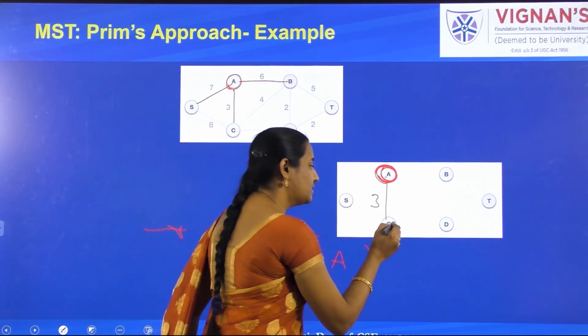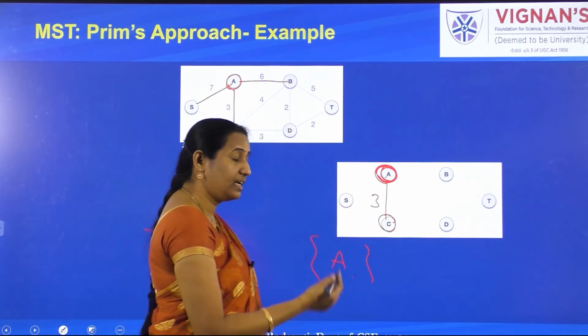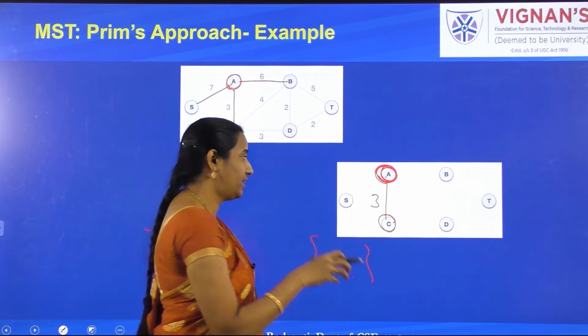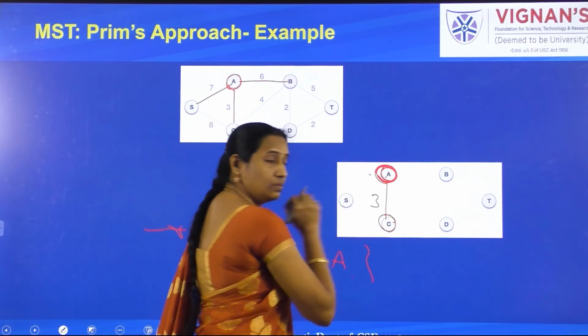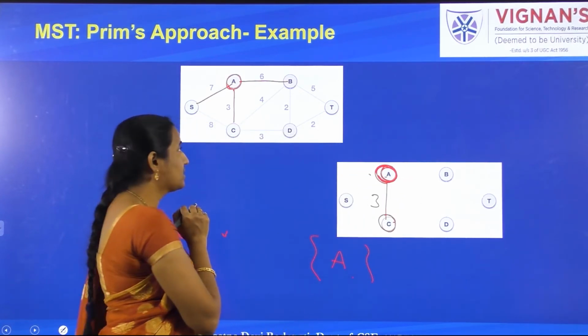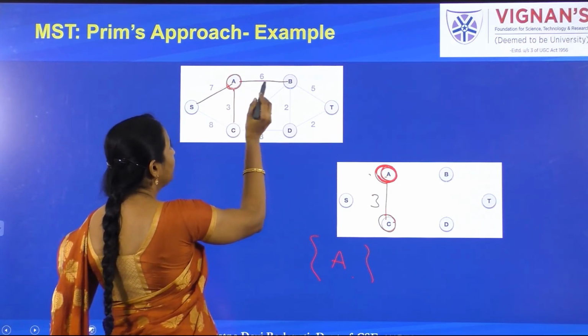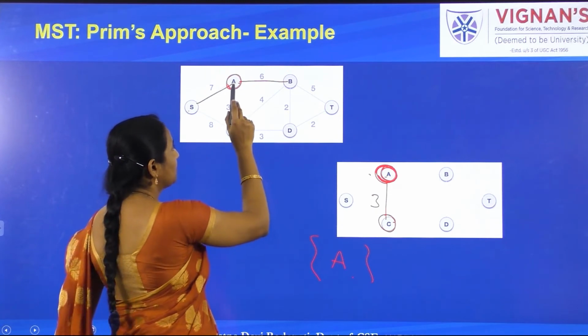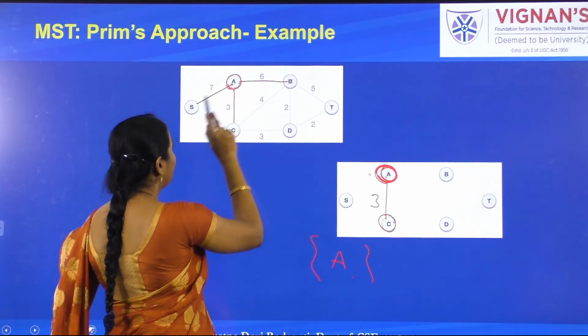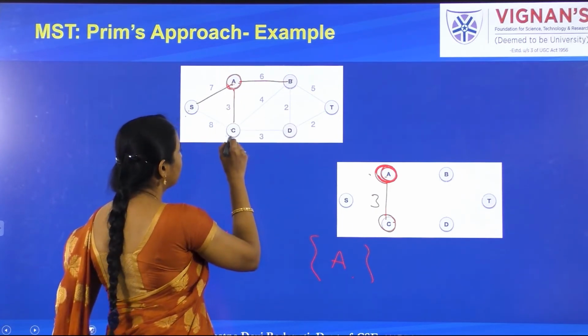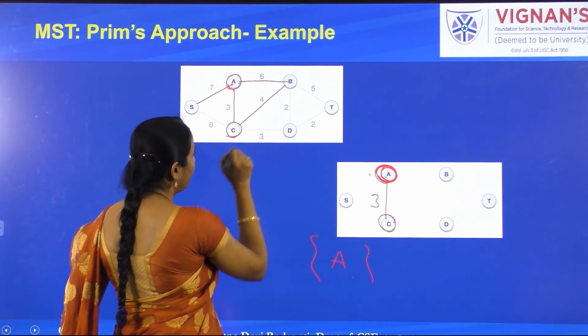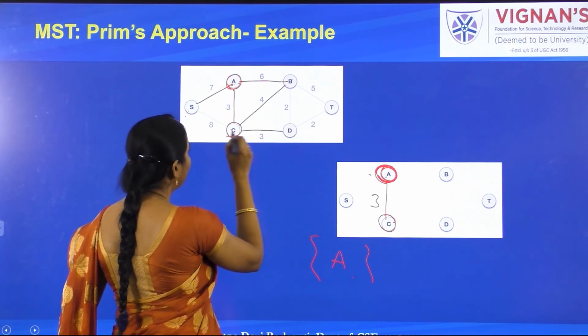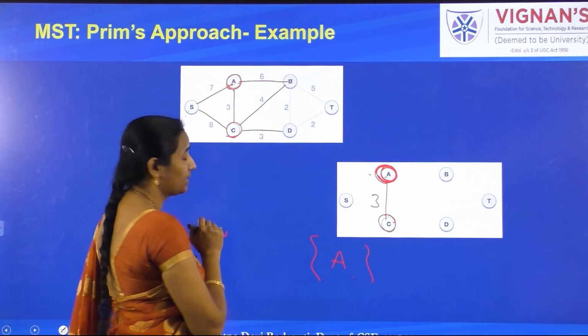Now in the next step, you can consider all the edges that are connected either to A or to C. So from A, you can consider A to B, A to C, A to S. And in addition, from C you can consider C to B, C to D, and C to S also.